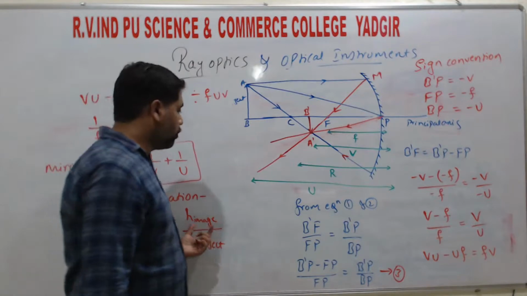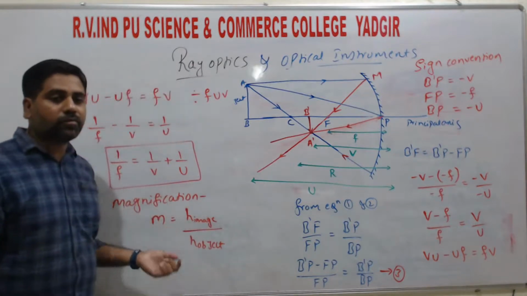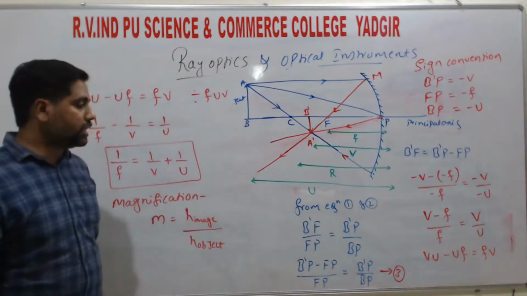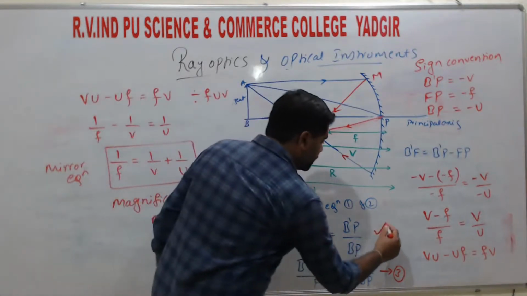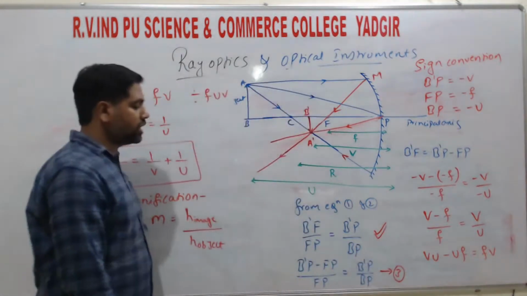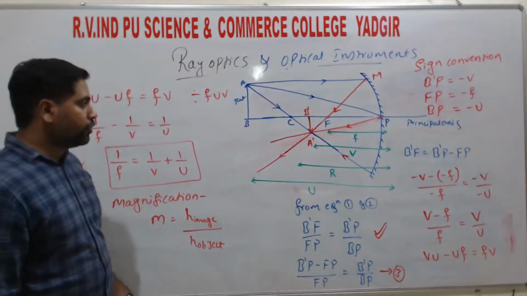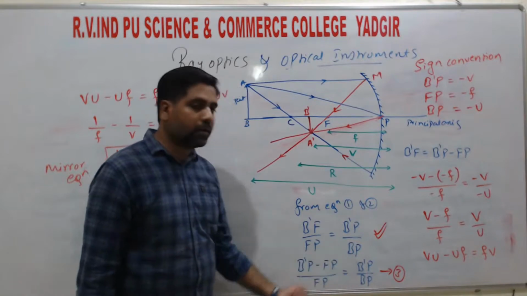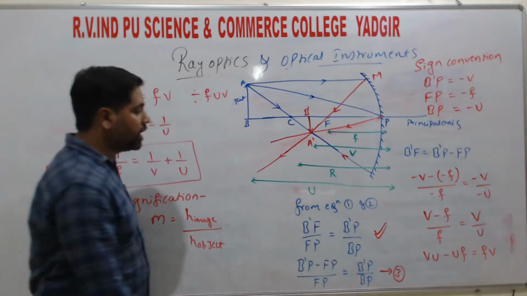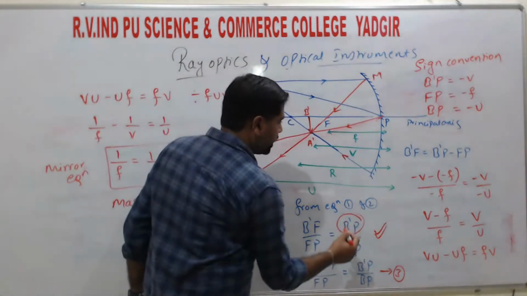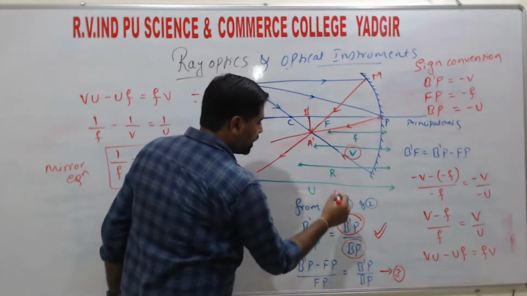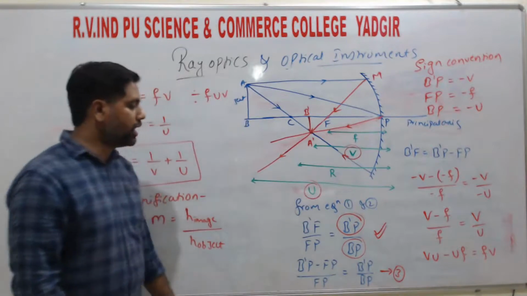Now we need to find the magnification in terms of the image distance and the object distance. By using this relation, BʹFʹ by FP is equal to BʹP by BP. Here BʹP is V and BP is U, right?